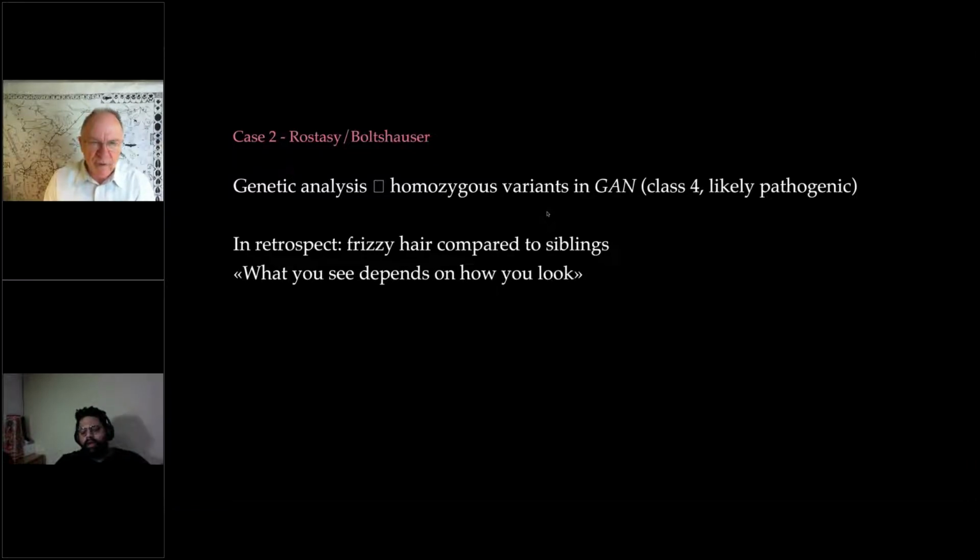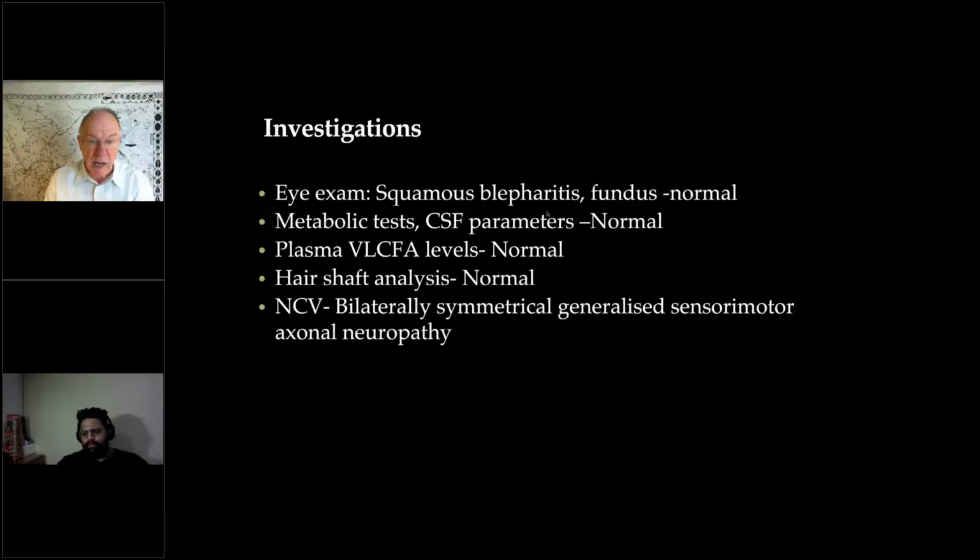I have to confess, when I saw these MRs, I had no diagnostic clue for certain. And then in retrospect, they told me that the child had abnormal hair, as we have seen in the case of Dr. Garg. So I think this is important clinical information. What you see depends on how you look.